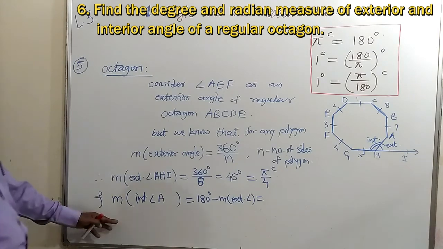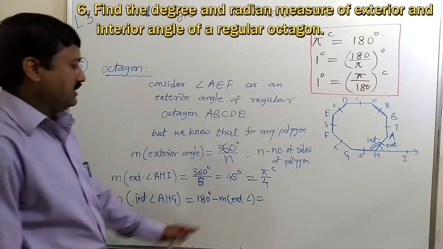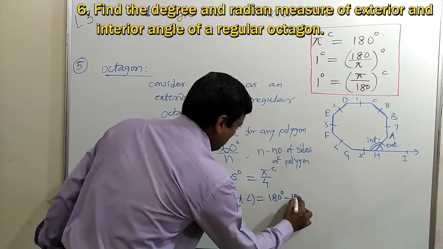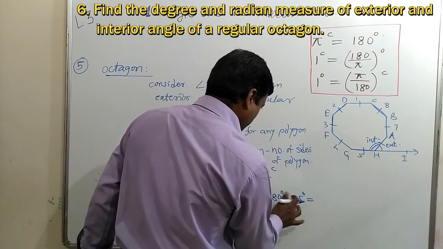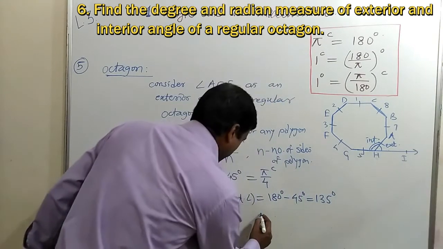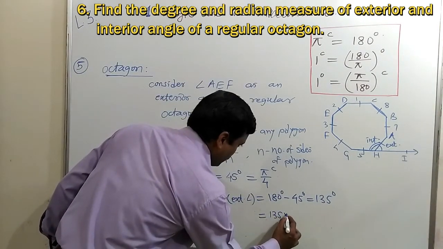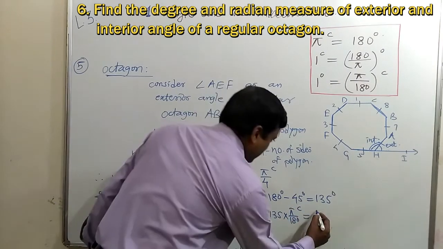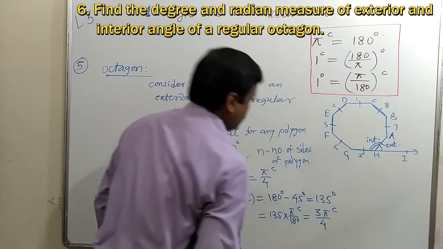Now measure of interior angle AHG is equal to 180 minus exterior angle, that is 180 minus 45 degree, and it is equal to 135 degree. When we convert this 135 into radian, obviously 135 into pi by 180 radian, it is 3 pi by 4 radian.